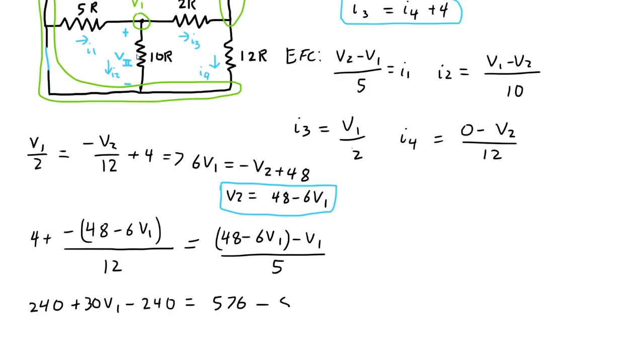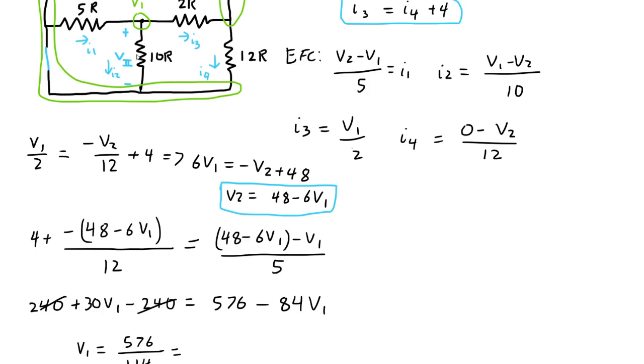So minus 84 V1. These are going to cancel out. That means that V1 equals 576 divided by 84 plus 30, which is 114. Yeah, 114.